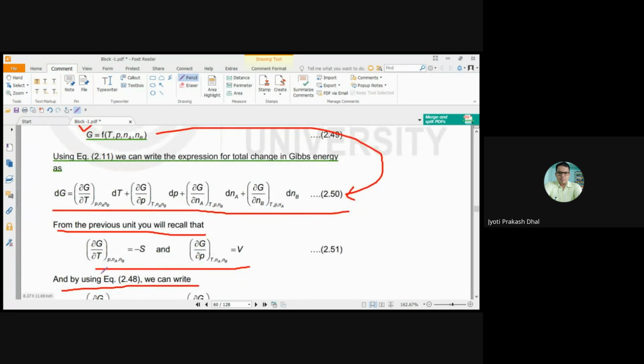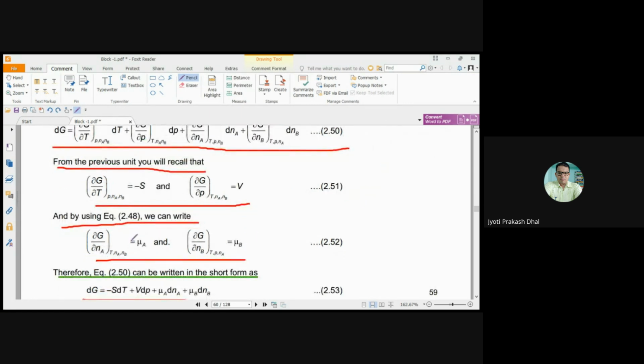And from the previous unit, we know that del G by del T at constant pressure and composition is nothing but minus S, and similarly this term represents V. So equation 2.50 can be written.